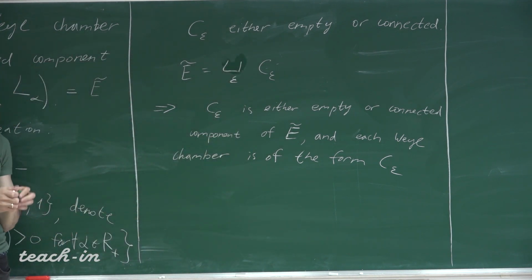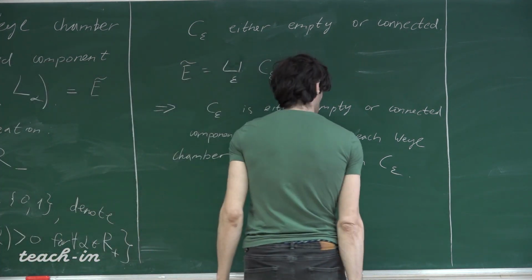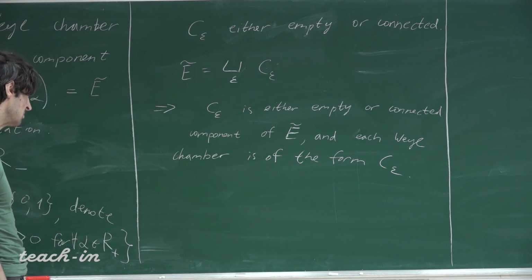If you have a bunch of connected things and their disjoint union gives you the whole space, of course these connected things are the connected components of this E tilde. All right, so this is some elementary Euclidean geometry.